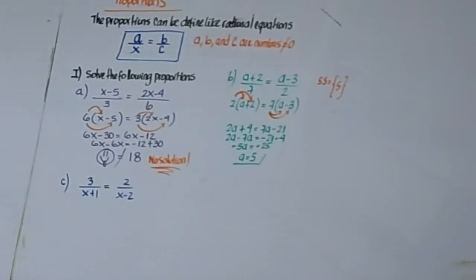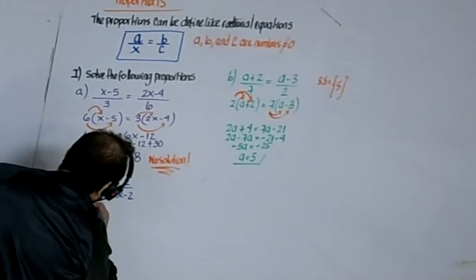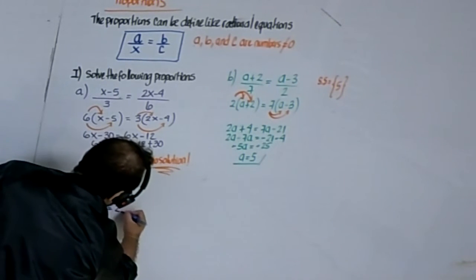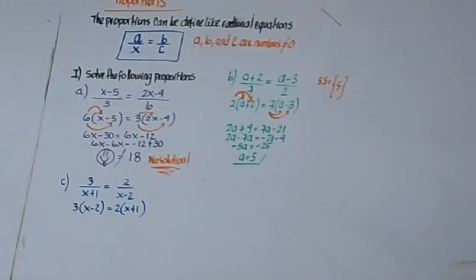Okay, what is the difference between the first one and the second one? Well, the difference is this time the x, the algebraic expressions, are located in the denominators. How to proceed? It doesn't matter. We're going to apply cross multiplication also. We copy this number 3 multiplying by x minus 2 equals this number 2 multiplying by x plus 1.